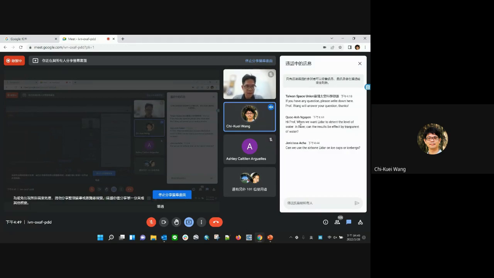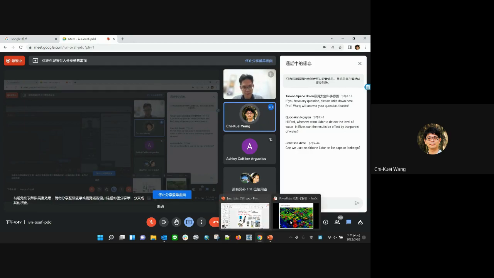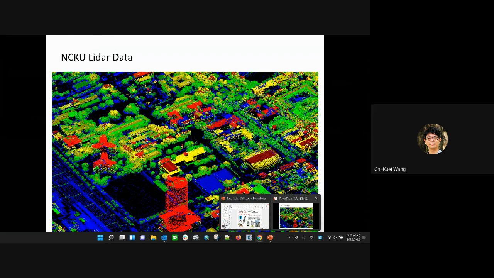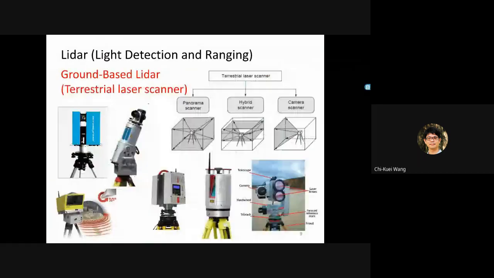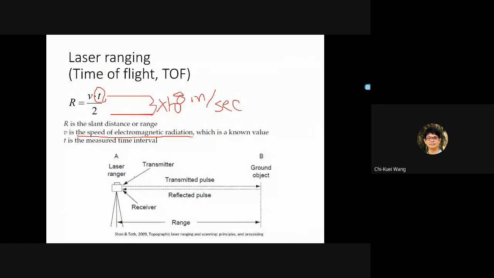The answer is no, because we just measure the signal. Even though this example is for terrestrial, the principle is the same for every kind of LiDAR. It's just a laser transmitted to the water surface and it comes back.